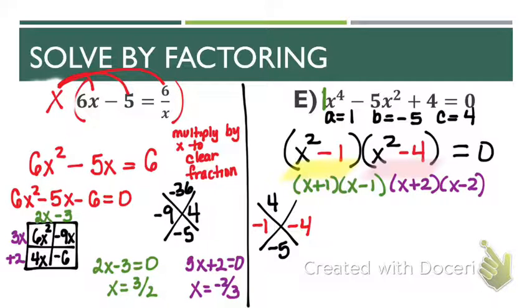So there are 4 answers that I'm going to be looking for when you take your test. Set all 4 of those factors equal to 0 and give me my 4 answers. It's a 4th degree, so there are 4 solutions.